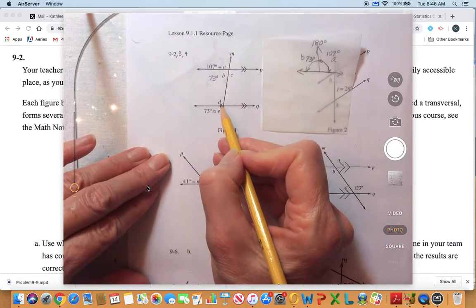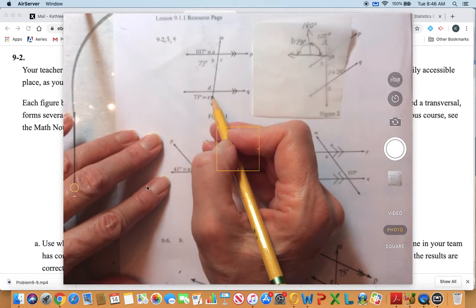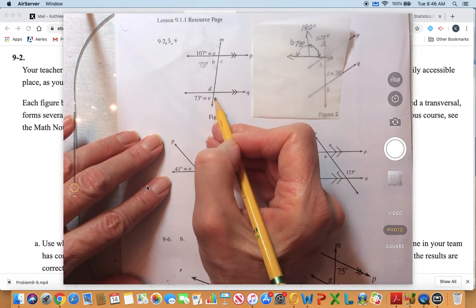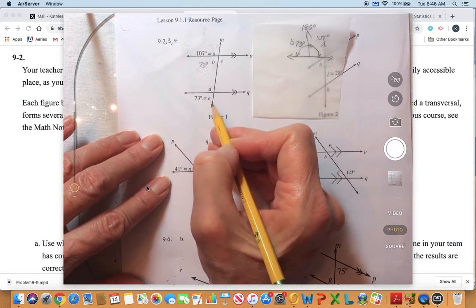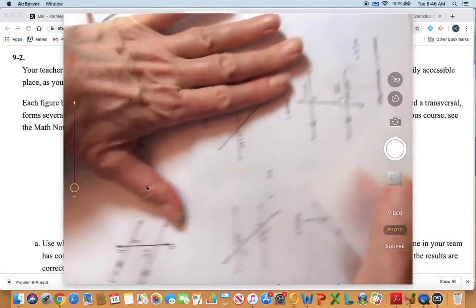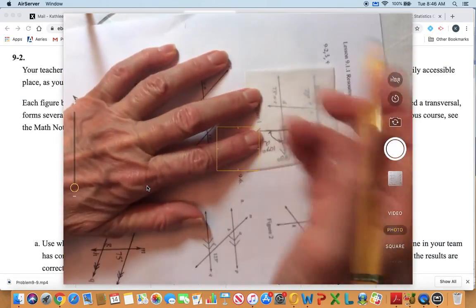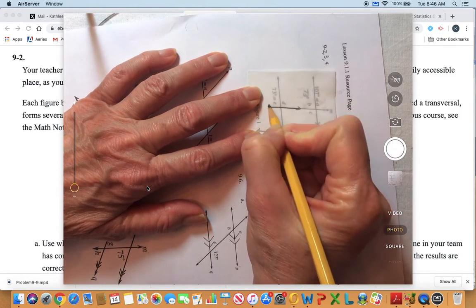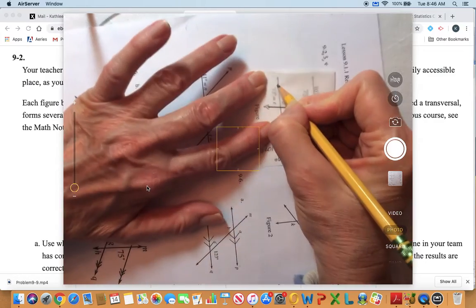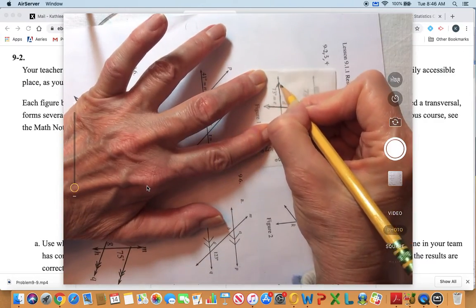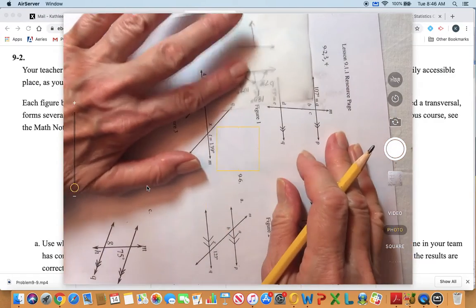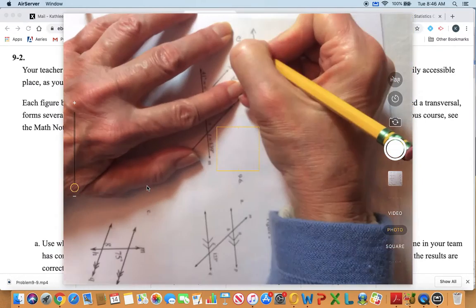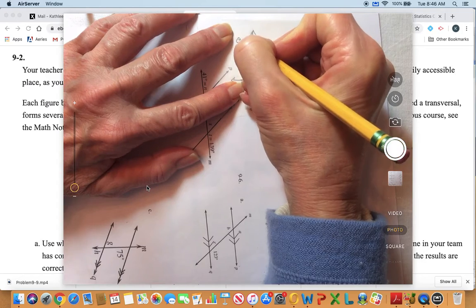Now we need to find D. D, if we add it to E, is another straight angle on this line M. I'm going to retrace that. Okay, so this is E, and we know that E is 73 degrees.